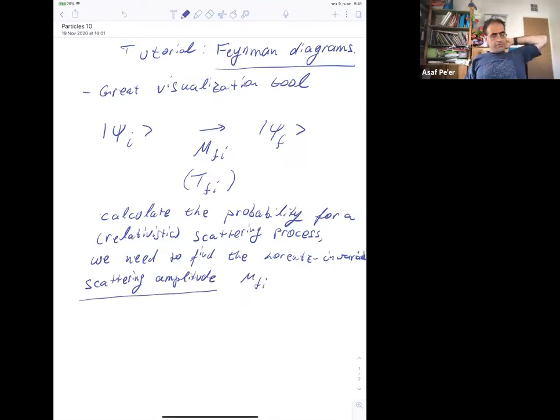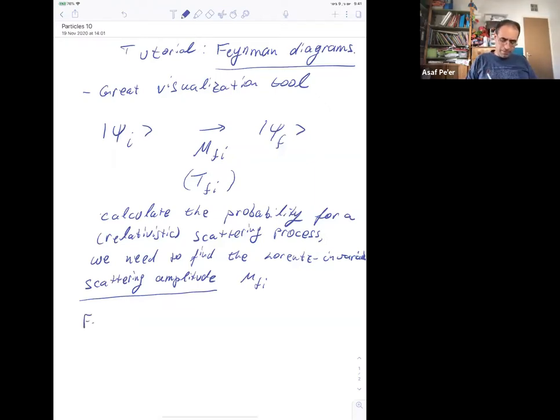Now, Feynman diagrams are a graphical representation that gives a pictorial description of a way for the system to evolve from the initial state, psi I, and propagate into the final state, psi f.